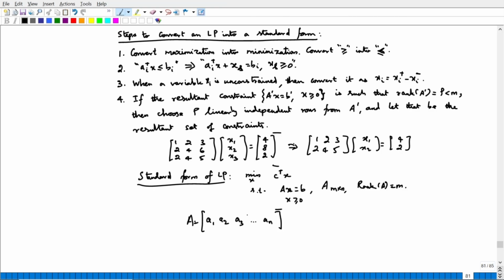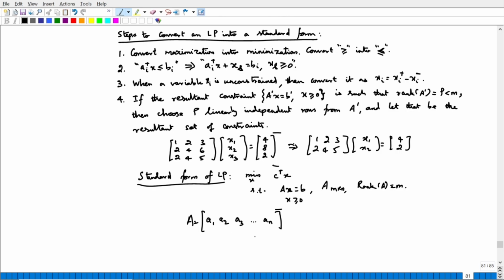So you have n columns and m rows. Each A1 is an m length vector, A2 similarly is an m length vector, dot dot dot An is an m length vector.